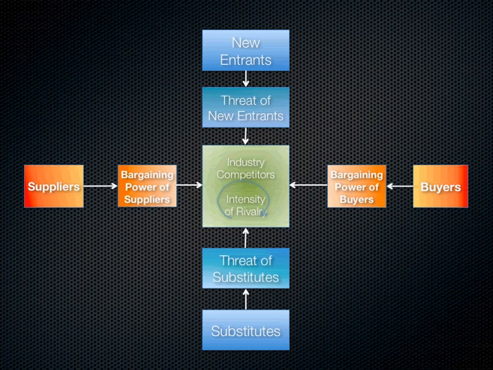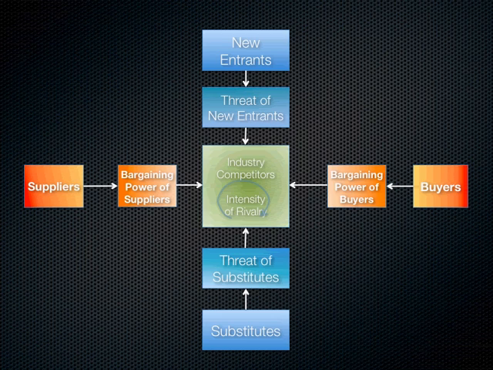The intensity of the rivalry within an industry, in the green box, is a function of the competitiveness of the people in the market, as well as the number of competitors and the relationship of substitutes, entrants, suppliers, and buyers. All of those go to affect the competitiveness or the intensity of the rivalry within an industry.